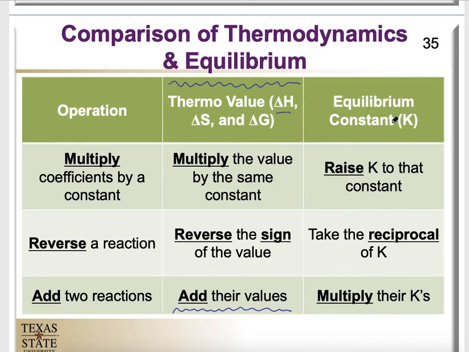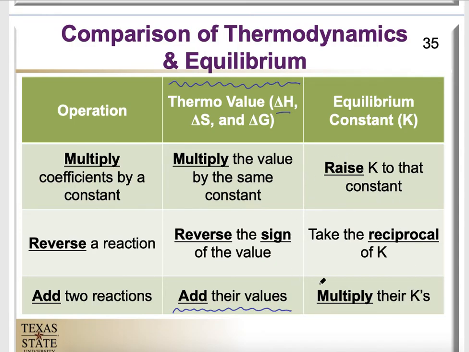Remember that whenever we were working with equilibrium constants, or K's, if we multiplied coefficients, then we would raise the K to that value. If we reverse the equation, we would take the reciprocal or inverse of K, basically 1 over the old K to find our new K. And if we added two equations, we would multiply their equilibrium constants.